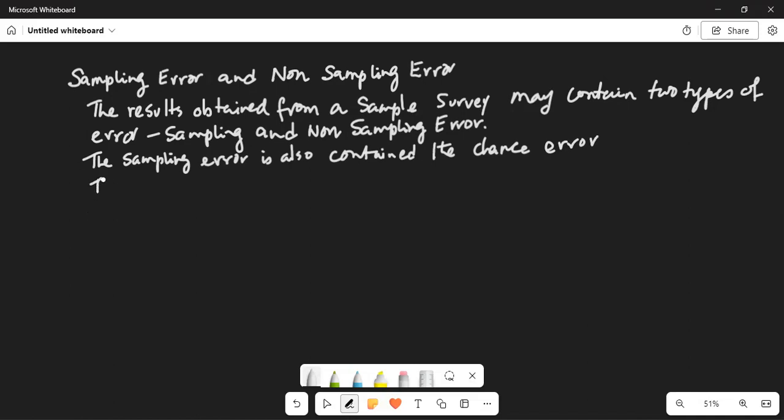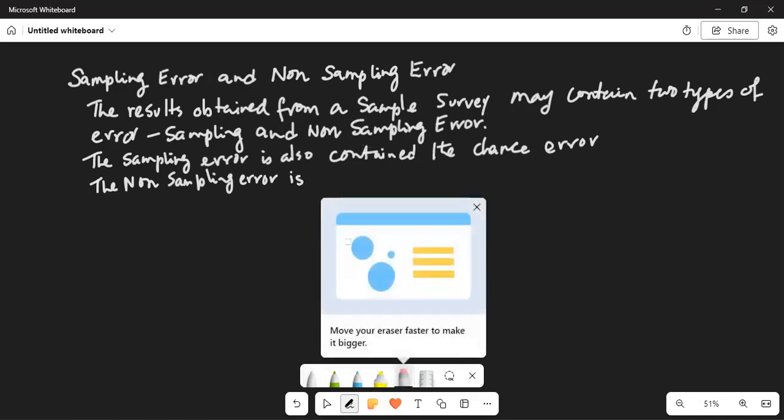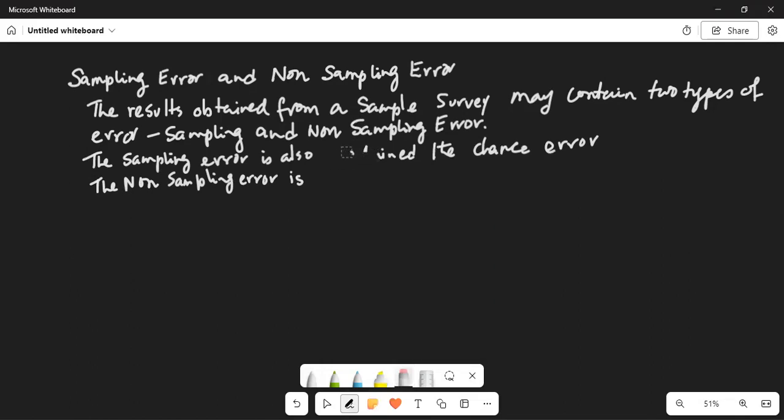The non-sampling error is also called the systematic error.